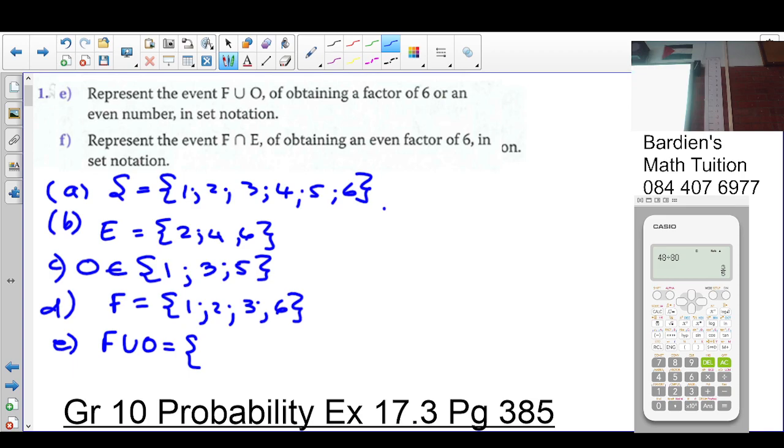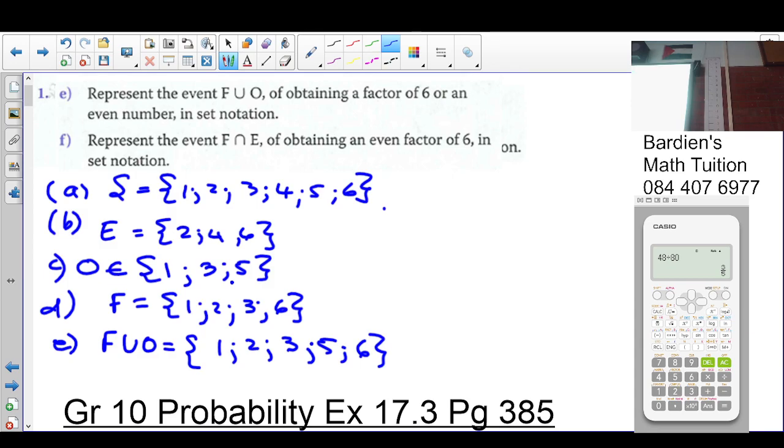And in odd numbers, they have the 5 as well. So it's 1, 2, 3, 5, and 6 is there, 4 is not there. So the only number not included in that is number 4. That is E.